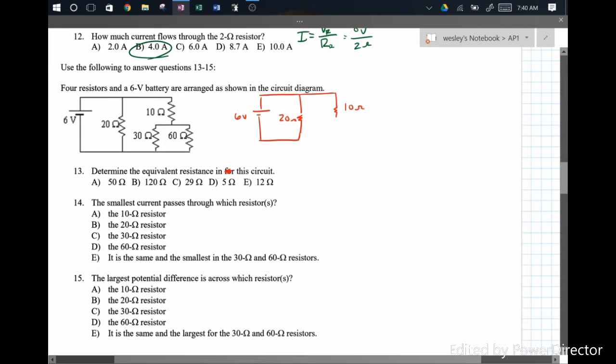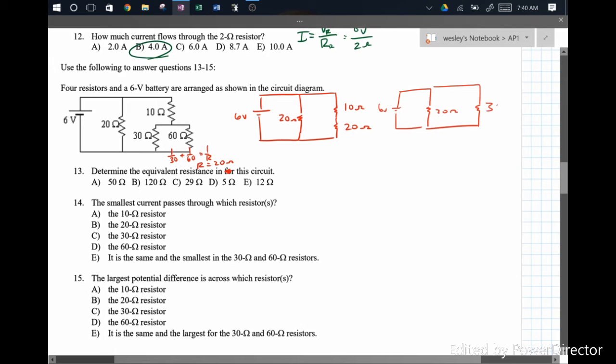Well, this parallel combination of 30 and 60, 1 over 30 plus 1 over 60 is 1 over my resistance, that gives me a total resistance of 20 ohms. So now we're going to combine those two, 6 volts, 20 ohms.